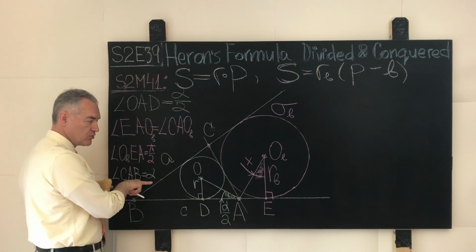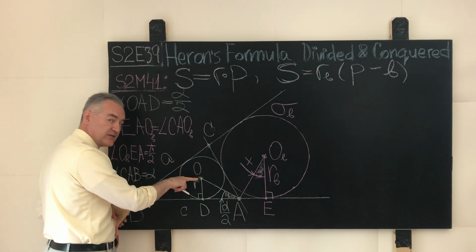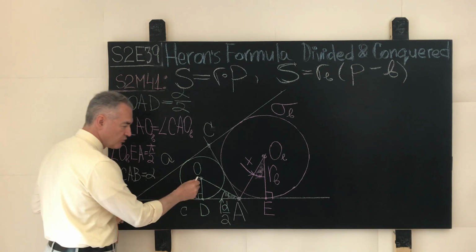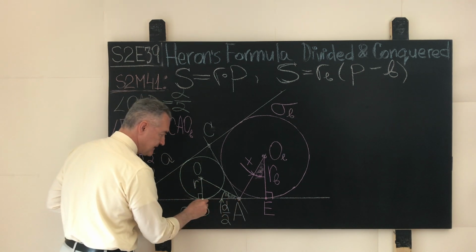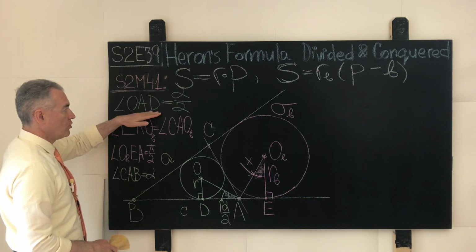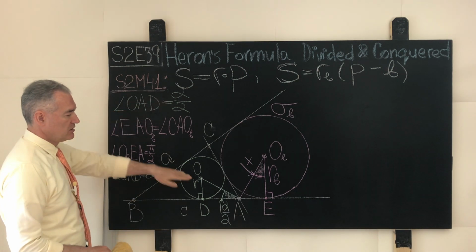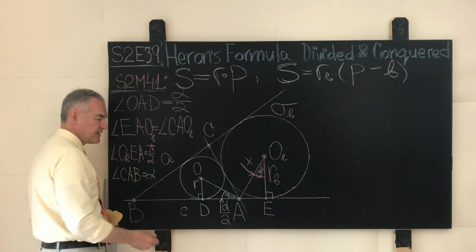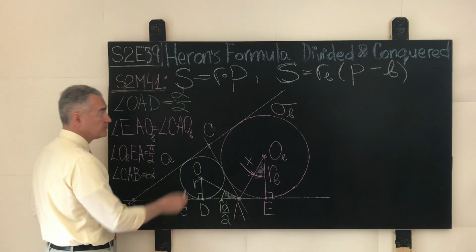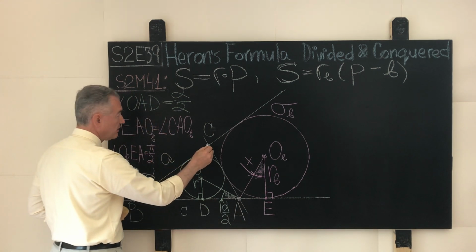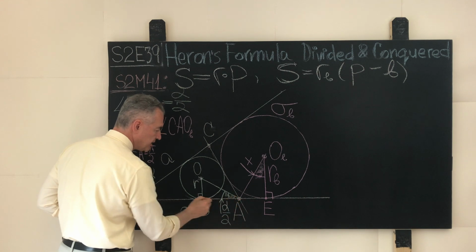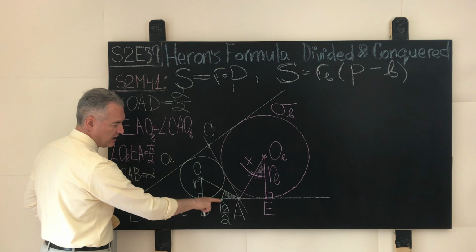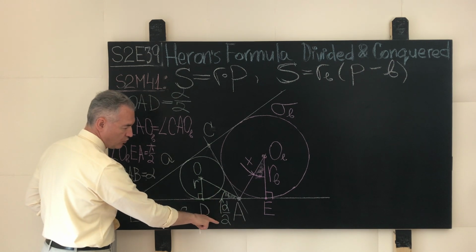And precisely because of the mechanics of how the incenter is located for our parent triangle ABC, the magnitude of the angle OAD is precisely what? OA is a part of the angular bisector of the interior angle at A. It means that the magnitude of the angle OAD is precisely 1/2 of the angle CAB over here. I marked it as alpha over 2.